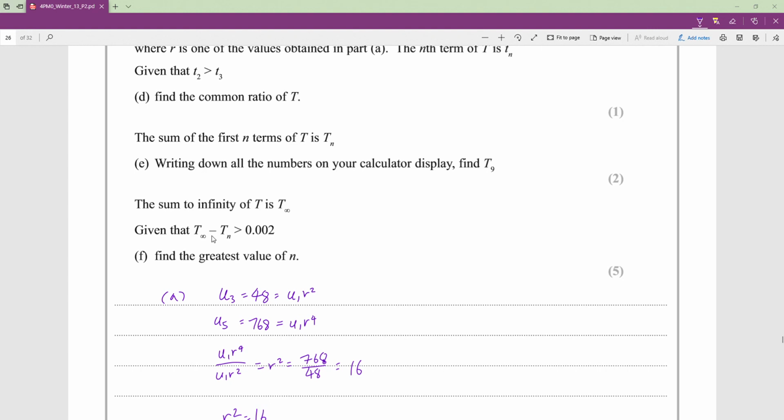You can think about it another way. Say you were to plot the function of the sum on a graph, and you'd have your asymptote at 4, and the sum would keep climbing up. It's trying to say, when's the cutoff point? When the sum is 0.002 away from the infinity sum.